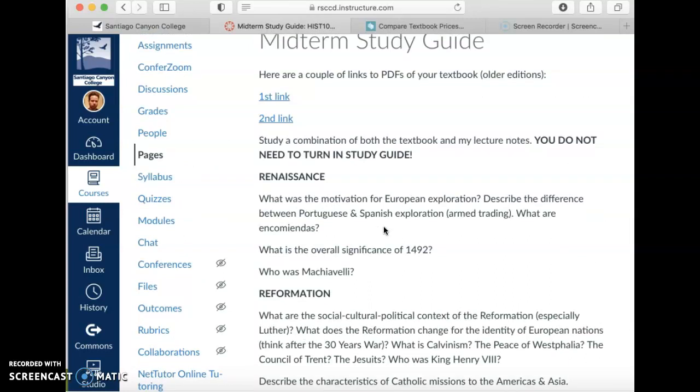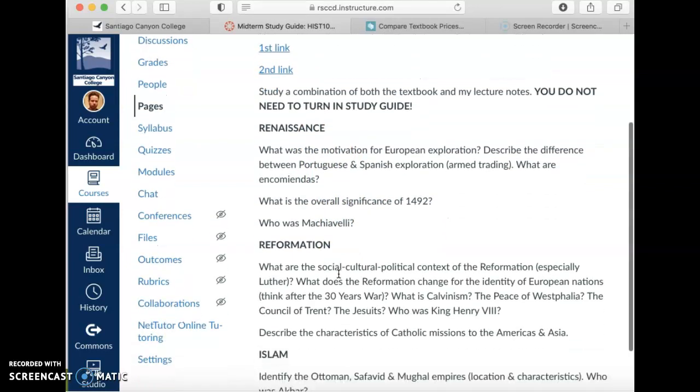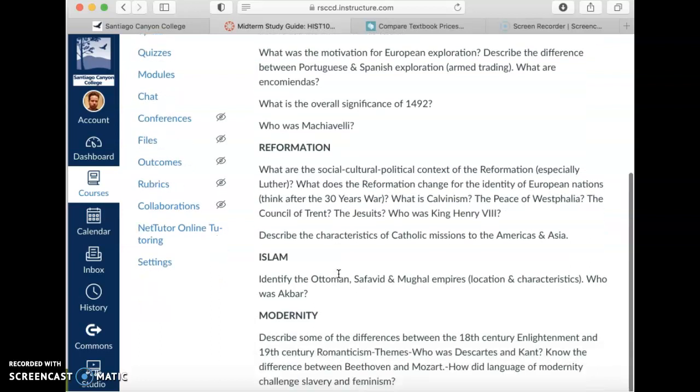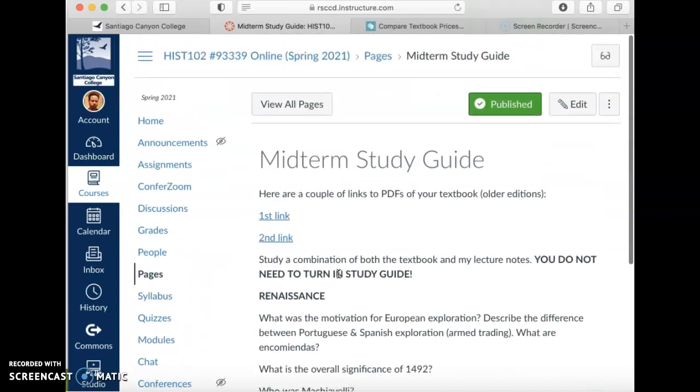The midterm study guide, as you can see here, is separated by each of my lectures. So that'll help you in your reading and in your note taking on the important information you need to star or circle or highlight while you're taking notes. The tests are multiple choice, true, false.